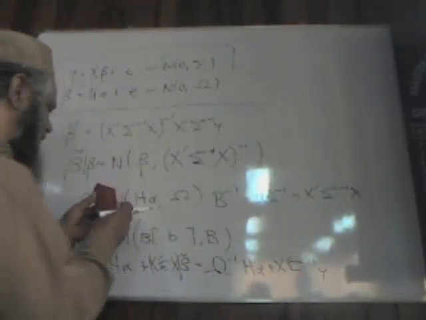Now this lemma allows us to deal with the three-stage or two-stage hierarchical structure, because each of the stages is exactly like this one separately, so we can just do one step at a time and get all of the results. The result is theorem 18.1, which is the result of Lindley and Smith.